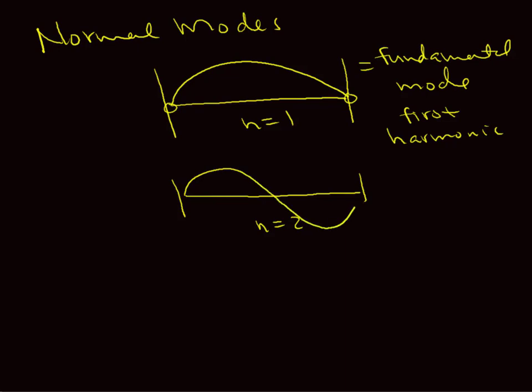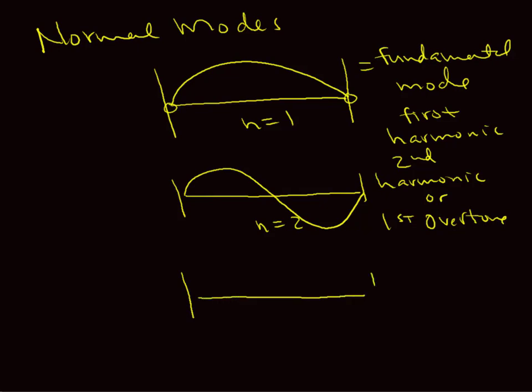our normal mode has this shape, and this is our second harmonic, or first overtone. And if n equals 3, we'll have a wave that has these features.